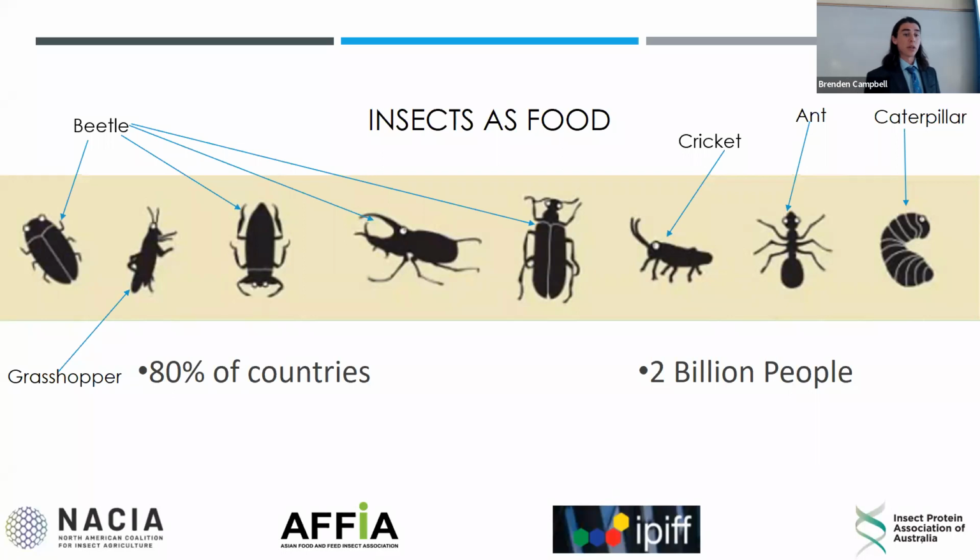These organizations include the North American Coalition for Insect Agriculture, the Asian Food and Feed Association, the Insect Protein Association of Australia, and the International Platform of Insects for Food and Feed. Within each of these platforms and coalitions, dozens of insect industry members share knowledge and increase agricultural presence and advance government regulations.